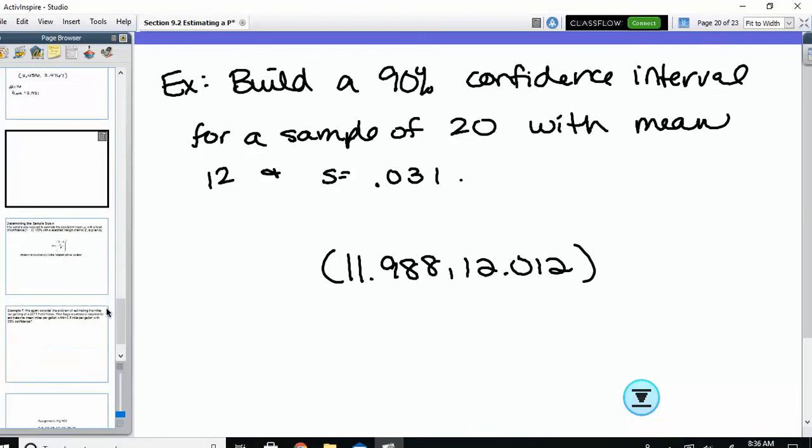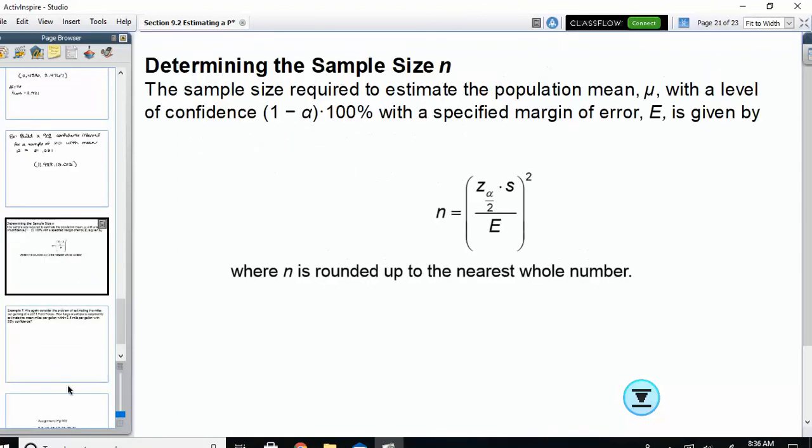Okay, last thing I want to do is an example where we have to find the sample size. We did some of those yesterday. So the formula for the sample size here, you'll notice it's a little backwards. Everything we've been doing is t-values, except when it asks for determining the sample size, it goes back to a z here.